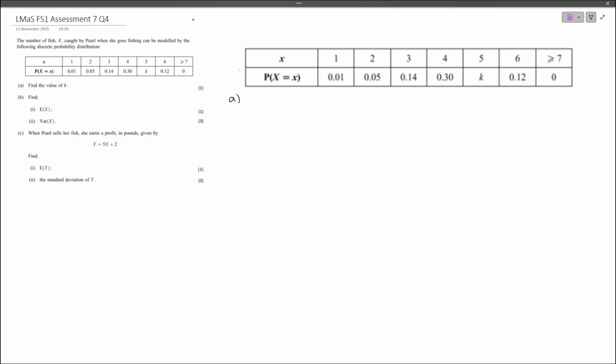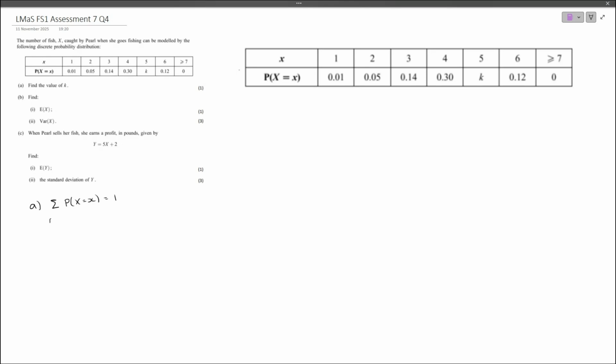So part A, and actually I'm going to do this down here. The sum of all probabilities, so the sum of P of X equals x, is equal to 1. So we can rearrange this.